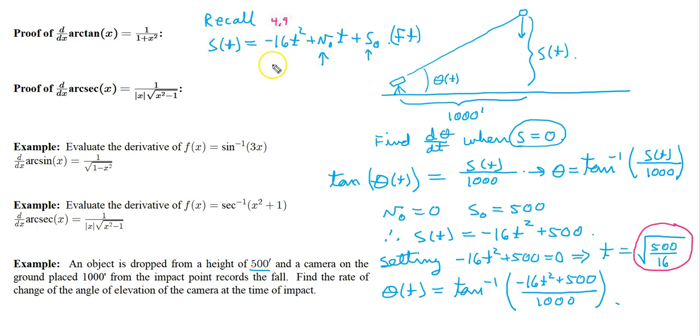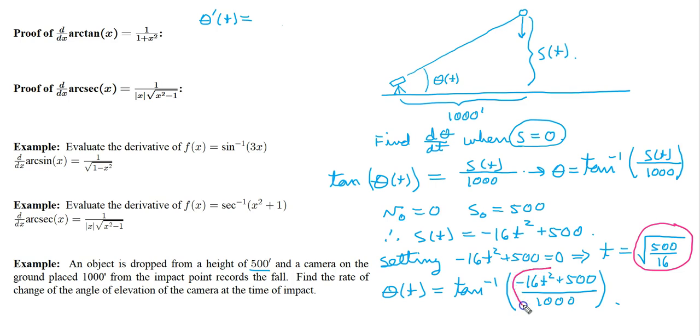So let's do that up here. Now we're going to have to use the chain rule here, so we're going to let this be a u. So the derivative of the arctan with respect to u first is going to be 1 over 1 plus u squared.